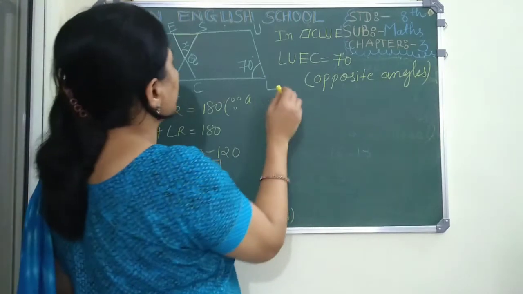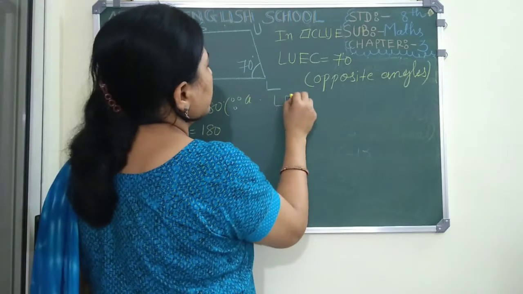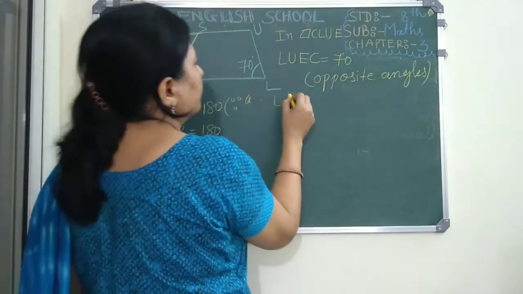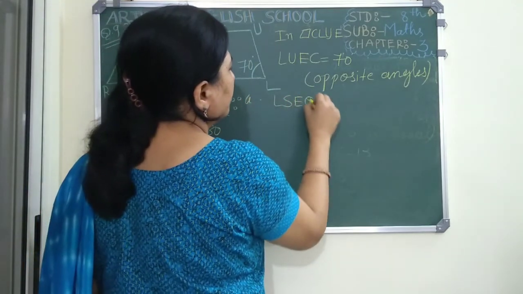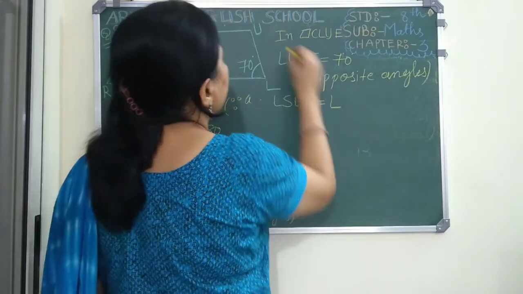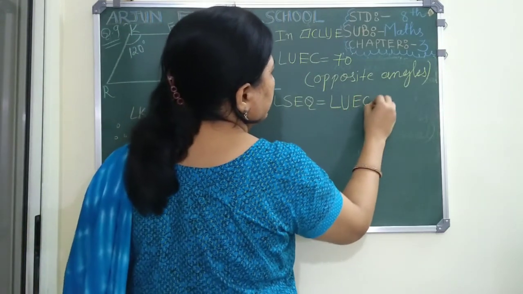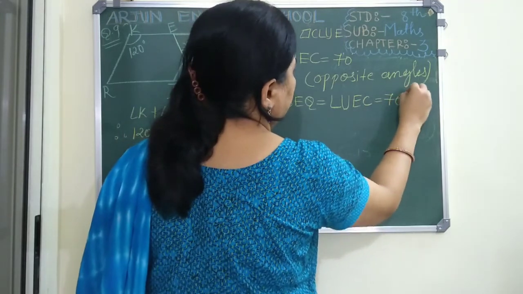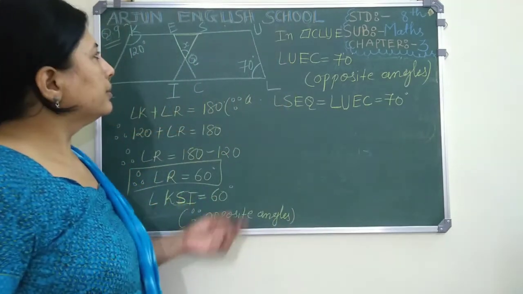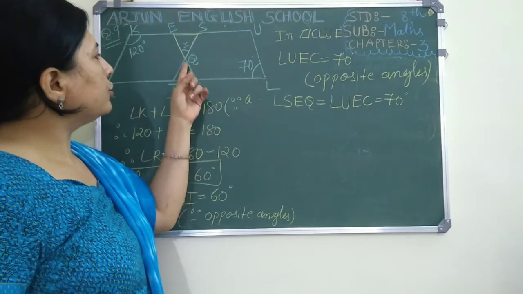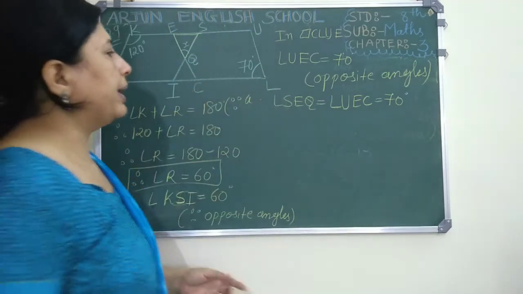So first of all, let us write that angle SEQ is equal to angle UEC is equal to 70, and you can write E dash S dash U and E dash Q dash C in brackets.